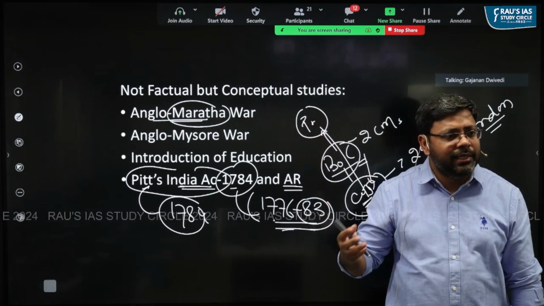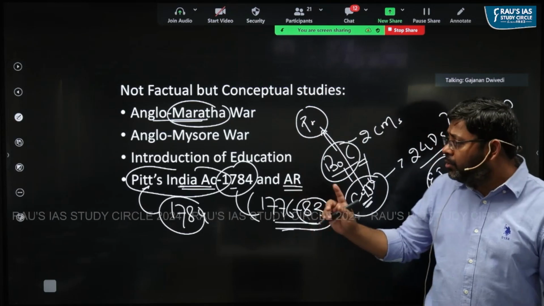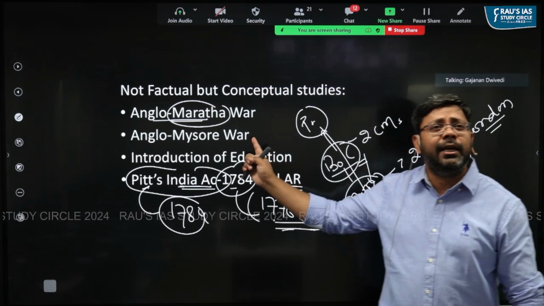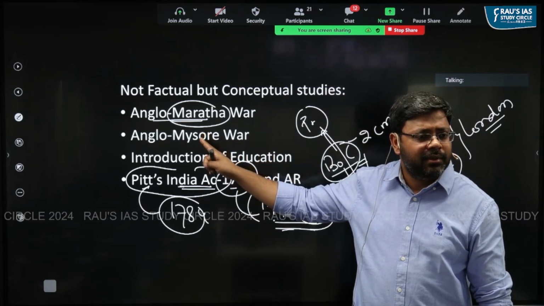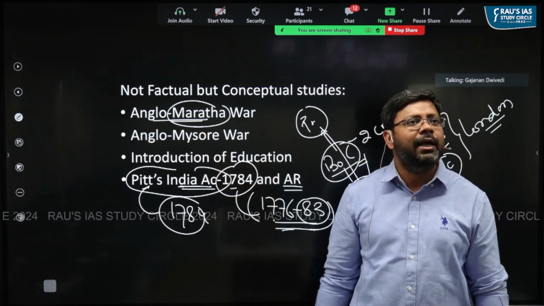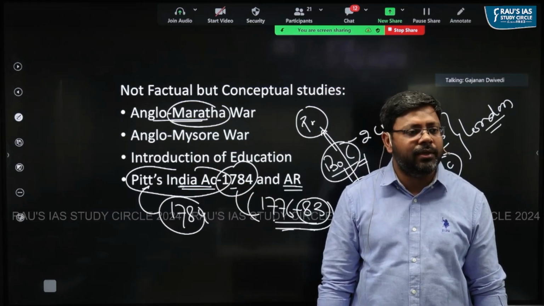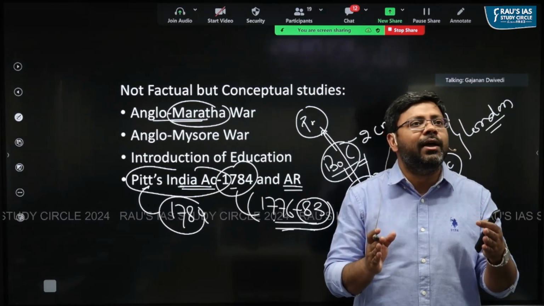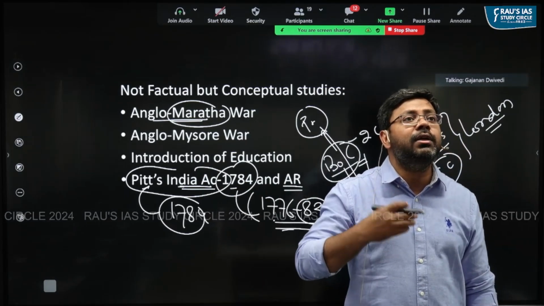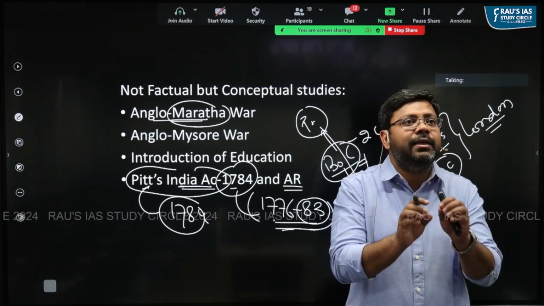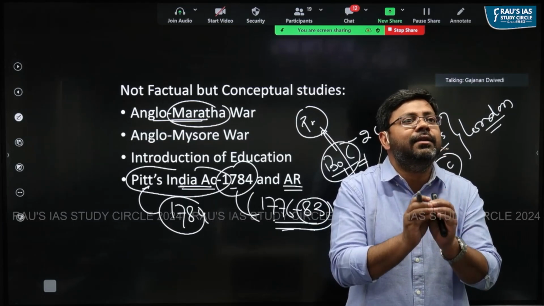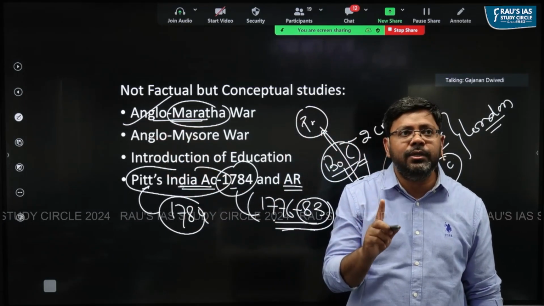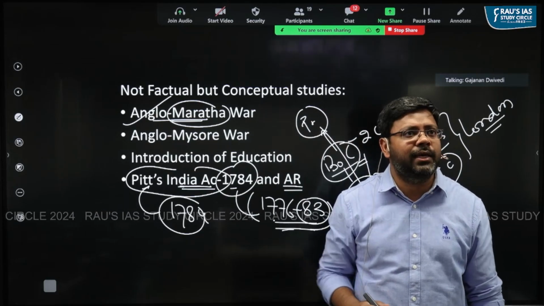If the Marathas were controlling the cotton producing area, the British would like to have control over those areas. So the Anglo-Maratha War was inevitable, because the British wanted control there so that they could feed their industrial textile revolution in England. So one of the reasons for the Anglo-Maratha War would be the cotton producing area in India, the Deccan, the black soil area.